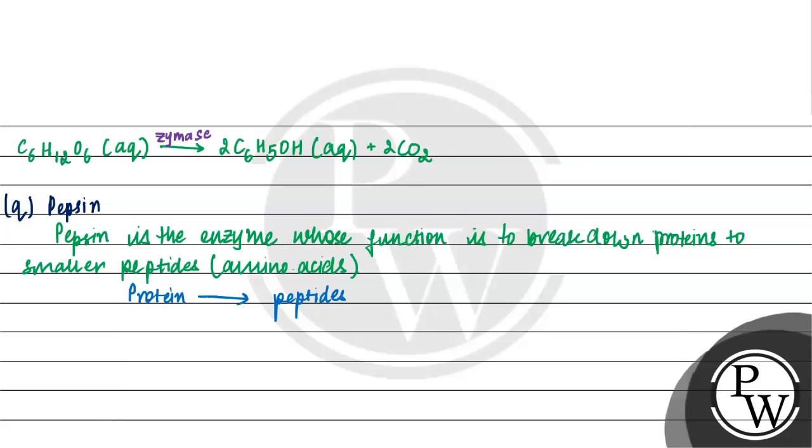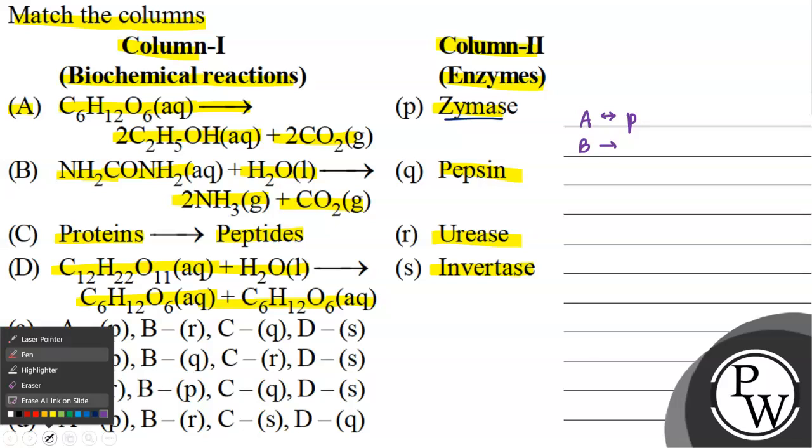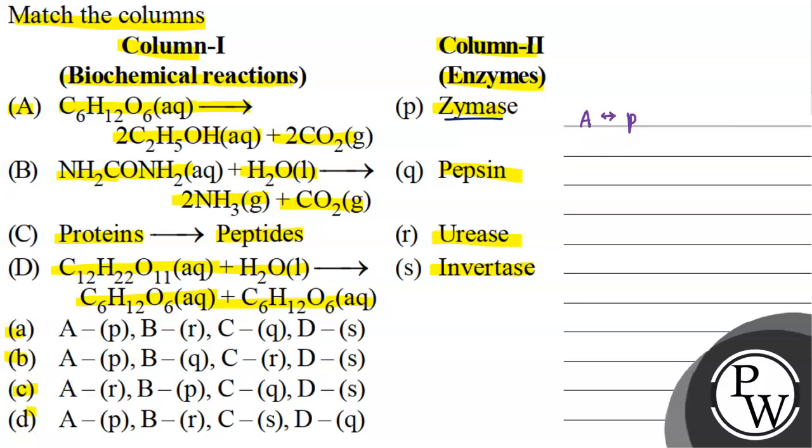Now if we look into the columns, हमें पता है Q will match with C.